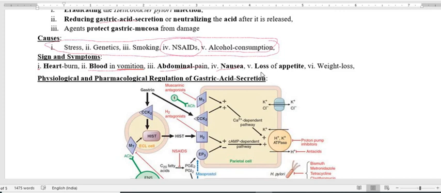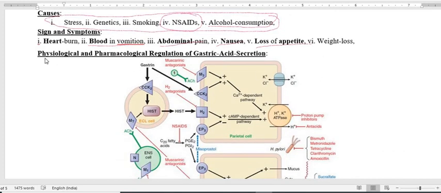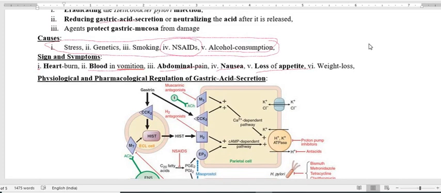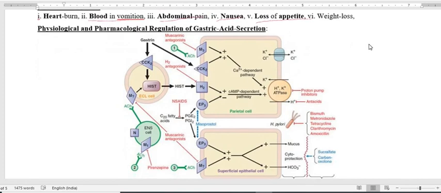Also, it produces loss of appetite. So when there is nausea, loss of appetite occurs, and automatically it results in weight loss. And when there is more acid, it may produce a condition like heartburn. So these are all signs and symptoms indicating that the patient is suffering from either acidity or peptic ulcer, and therefore accordingly we have to treat the patient.